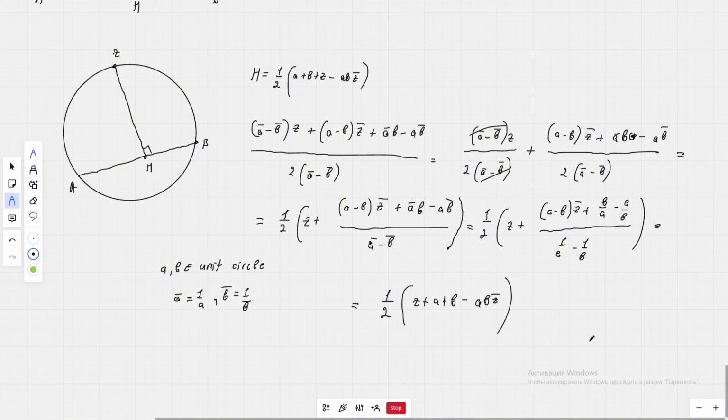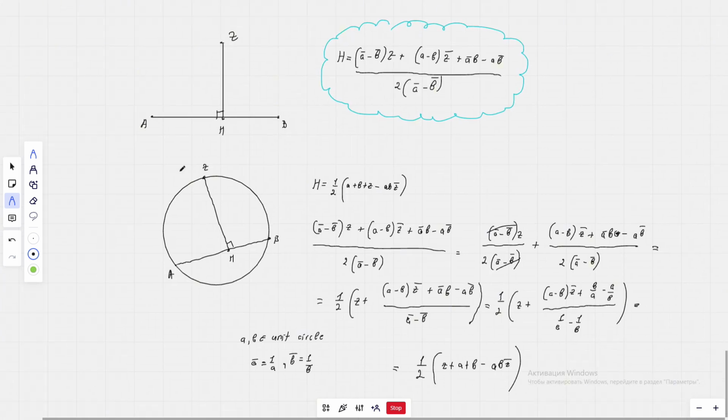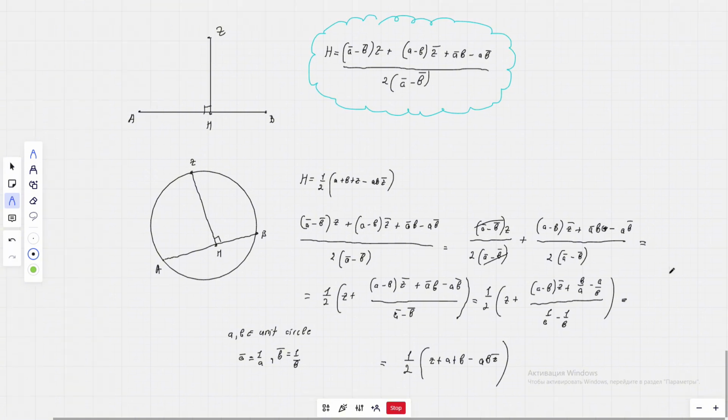And yeah, simple as that. And this is really important. It's called the complex foot, I believe.